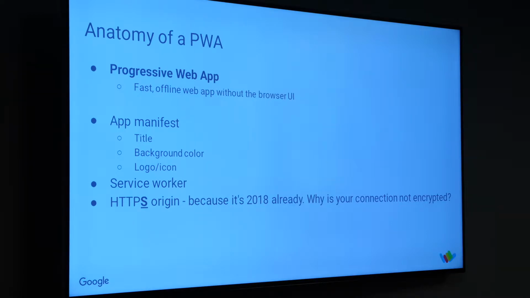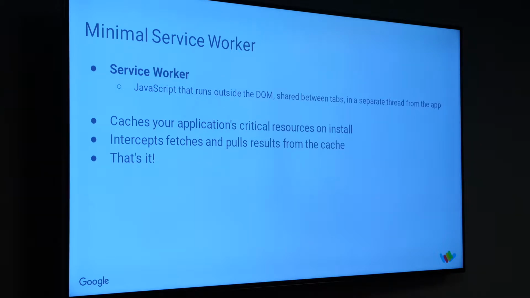Service worker is a little bit more involved, but this minimal service worker has exactly one job, and that is to make sure that every asset necessary for your application to run is available offline. When the service worker is installed by your application, it goes out, it grabs all the absolutely critical resources, puts them into cache, and they're there whether you're online or not.